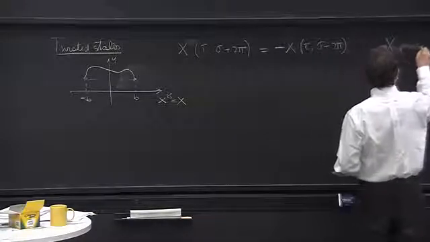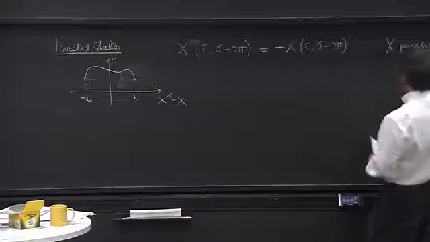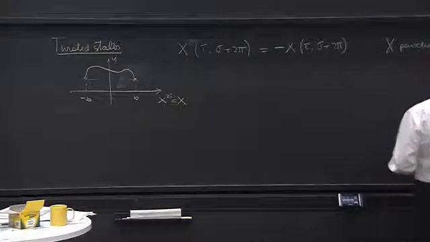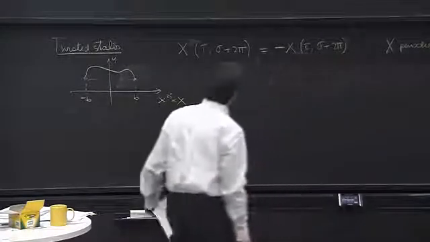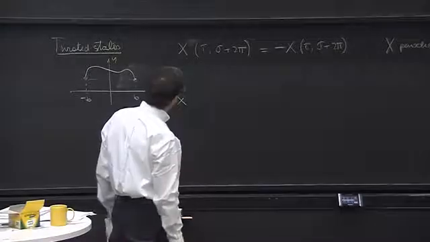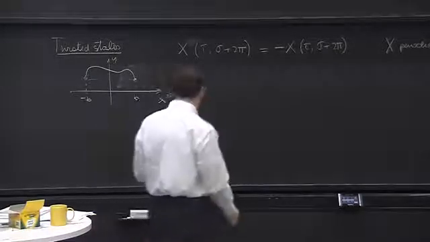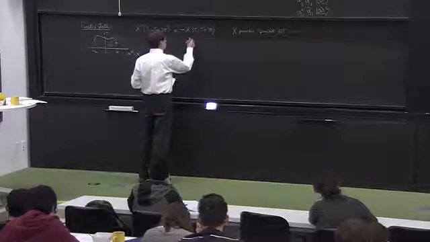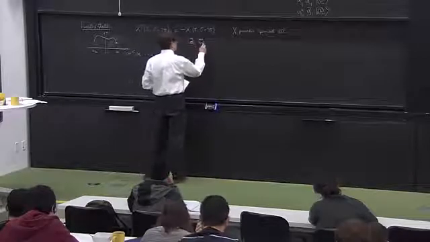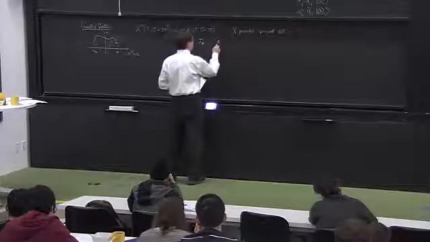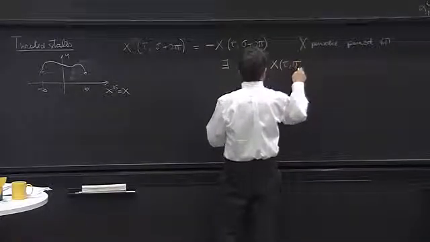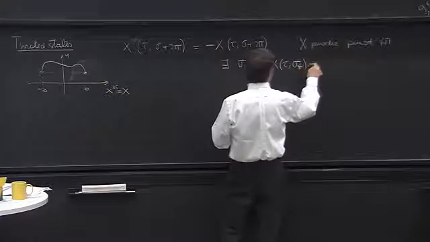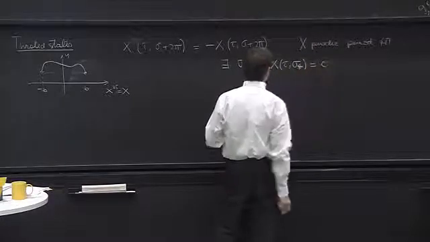But another thing that is interesting is that there exists some sigma star such that x of tau sigma star is equal to 0.